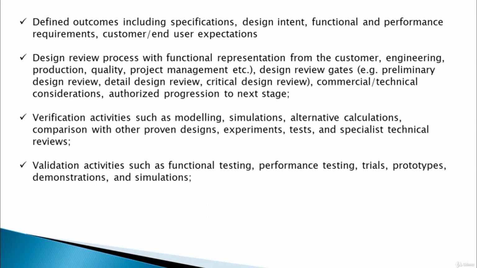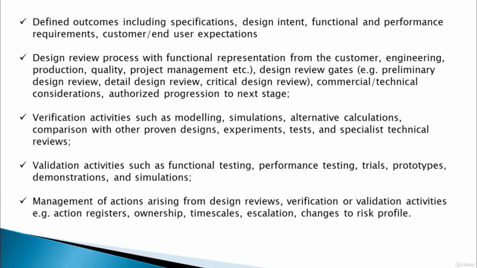The organization also needs to consider management of actions arising from design reviews and what actions the organization will take on problems found, and also arising from verification or validation activities, like action registers, ownership, timescales, escalation, and changes to risk profile.